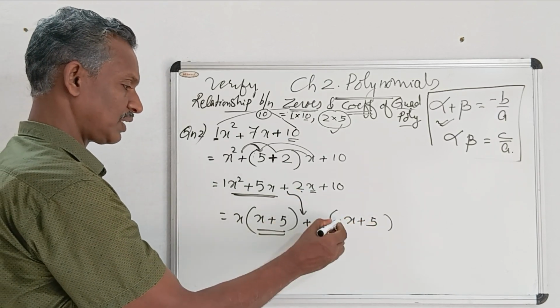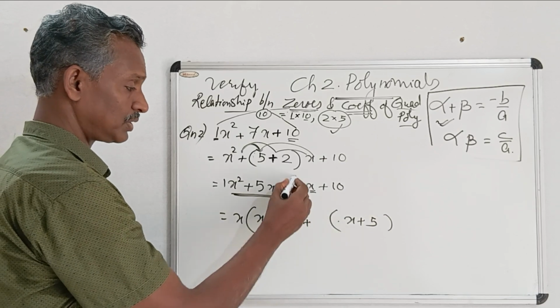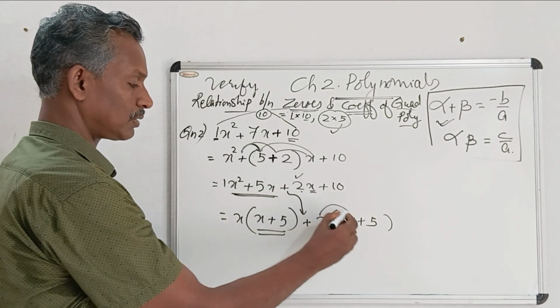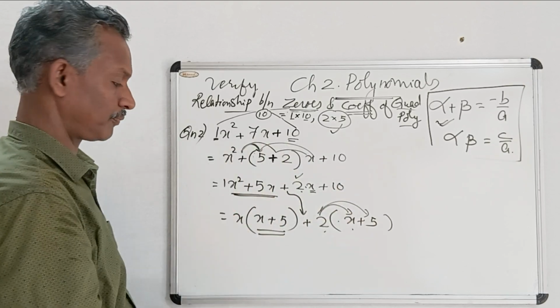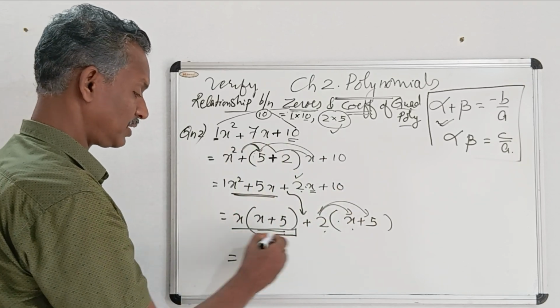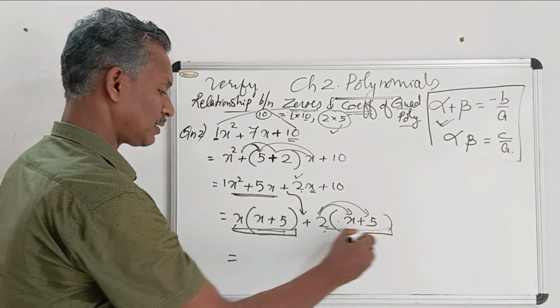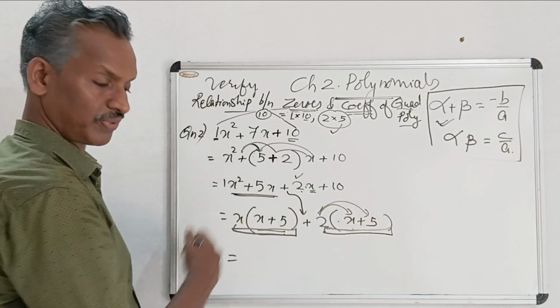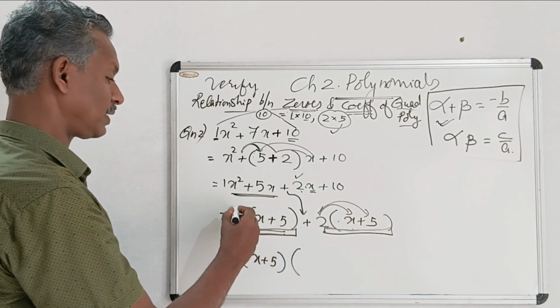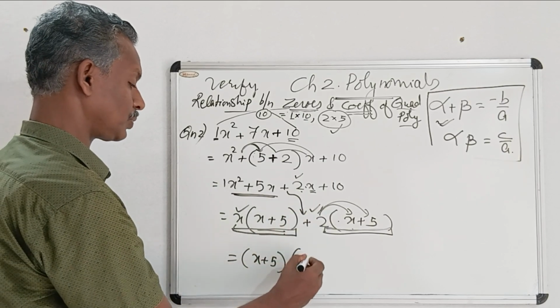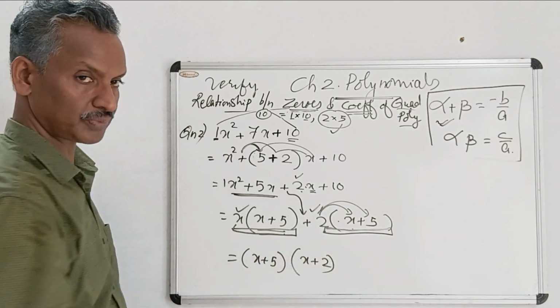It is 2. Here x's coefficient is 1. So this 2 is outside the bracket, and check it. 2 into x, it is 2x. 2 into 5, it is 10. Then treat this as one term and this as the second term. Take common factor. Common factor is x plus 5. And here it is x, and here it is plus 2. So x plus 2 is left out.